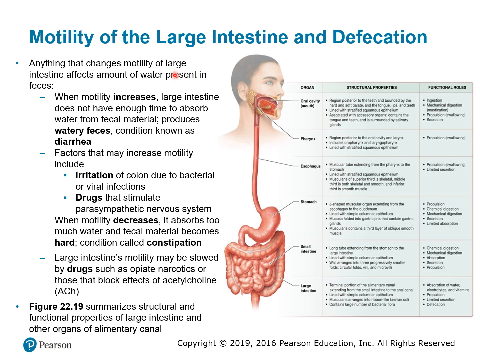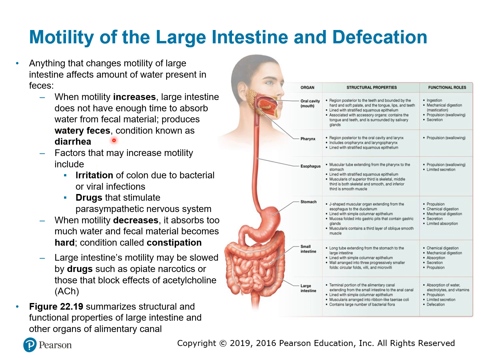And anything that deals with motility of the large intestine, like I said, most of the water is going to be absorbed, but depending on how much water is absorbed, it can definitely affect the solidity, meaning if it's going to be more of a solid or a liquid in terms of the feces. So when motility increases, the large intestine does not have enough time to absorb because it's taking more time for motility instead of absorption. So you're going to notice that the feces is more watery, kind of like for diarrhea.